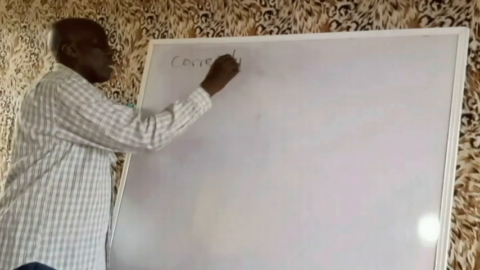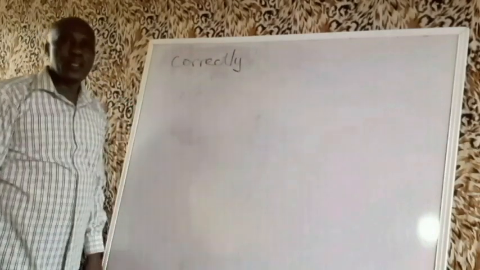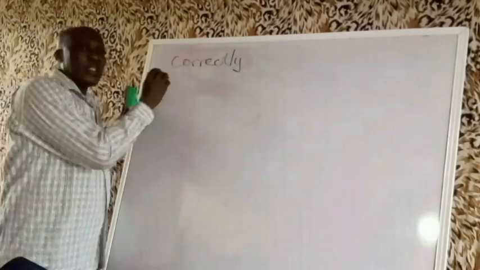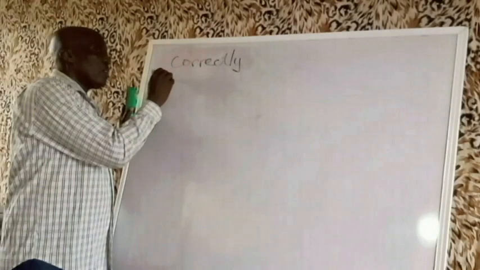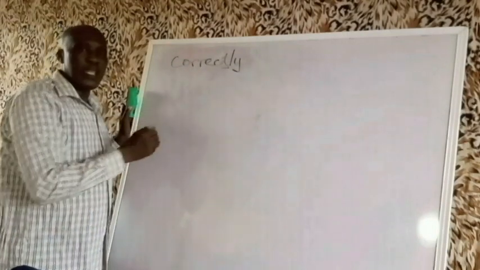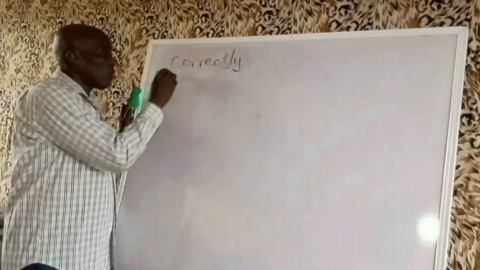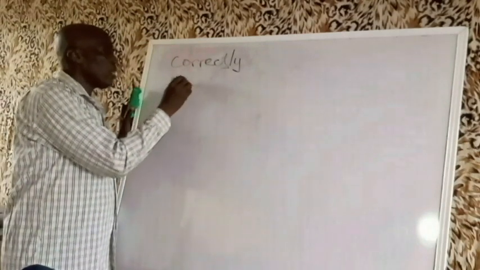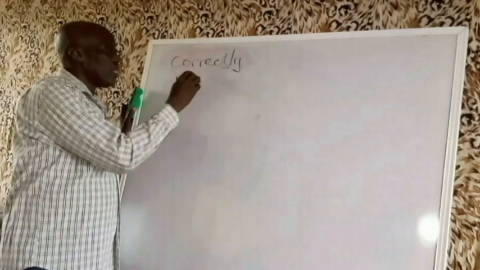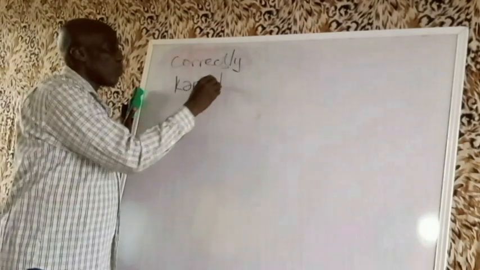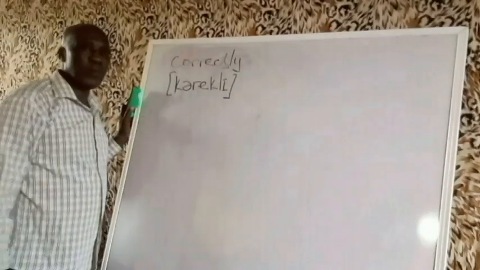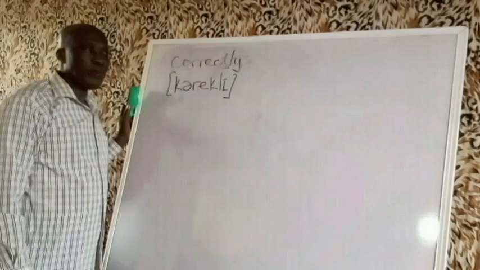When you add letters LY to the word correct, what it gives you is correctly. To pronounce correctly, you have a lot of difficulty if you must represent this T in the spoken form. And so, what we do is simply take away the sound that is represented by that T and go ahead, pronounce your English without struggle: correctly, correctly.